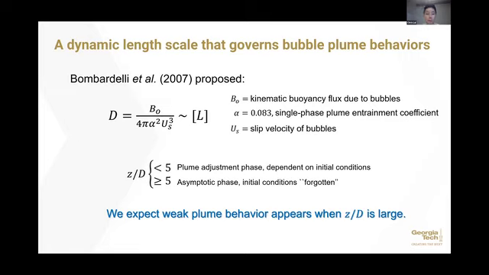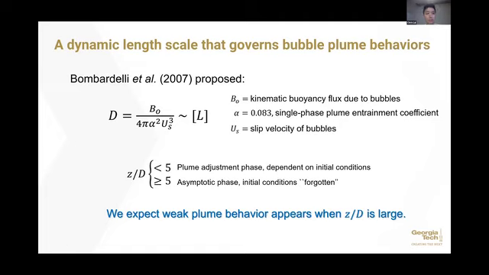Now, with this framework, we expect that our natural gas seep, which we define as a weak plume, should appear when this ratio Z over D is large. Intuitively, as you go higher up in the water column, the gas bubbles will spread out more and more.